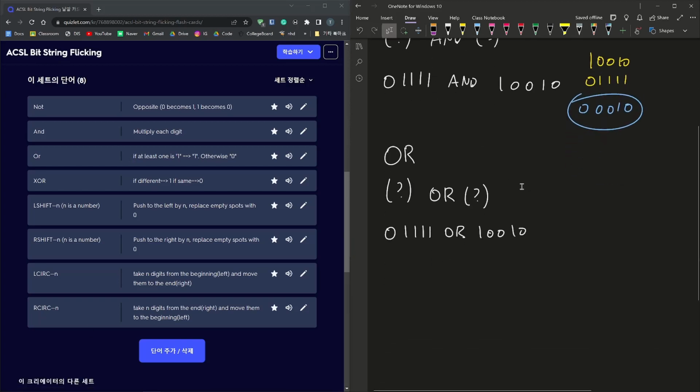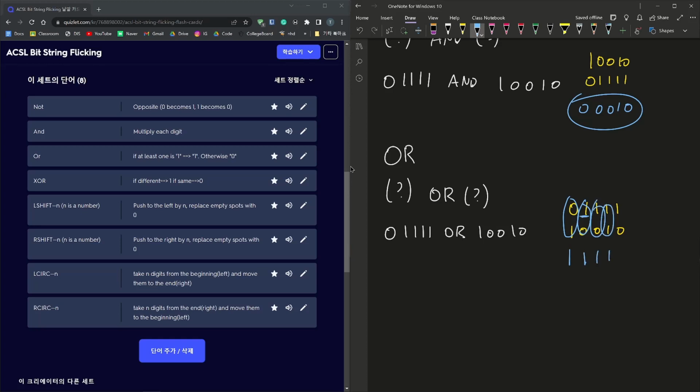We're comparing each digit by the corresponding digit. So let's do the same thing. 0 1 1 1 1, 1 0 0 1 0. First digit: is at least one of these two 1? Yes, so the output is 1. Same thing here, at least one is 1, so the output's 1. Same thing here.